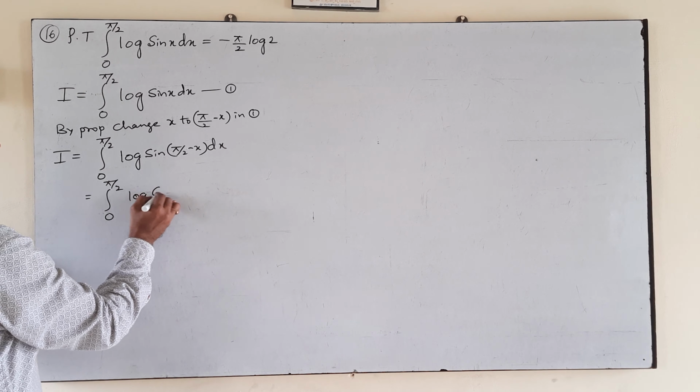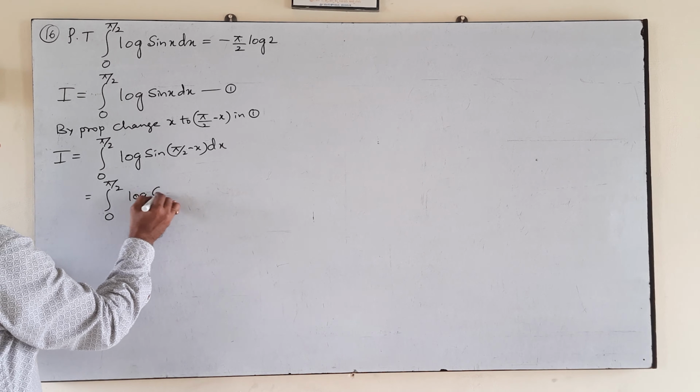Now put sin x equal to m and cos x equal to n. Log m plus log n, by the laws of logarithm, is log of m into n, that is log of sin x into cos x with respect to x. Then simplify again. 2I is equal to integral from 0 to pi by 2 of log of sin x into cos x, using the multiple angle formula.